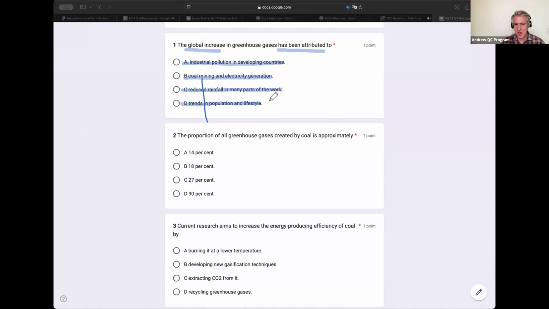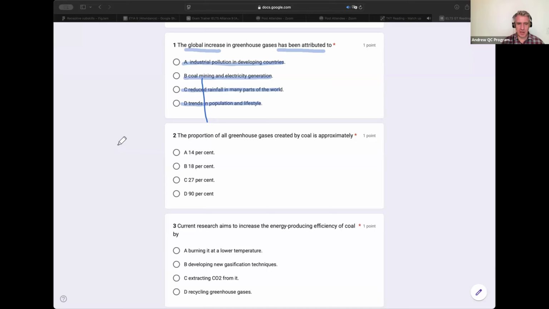Global increase, we could say worldwide rise, right? And has been attributed to could be due to. Has been blamed on, yeah. Good. All right.